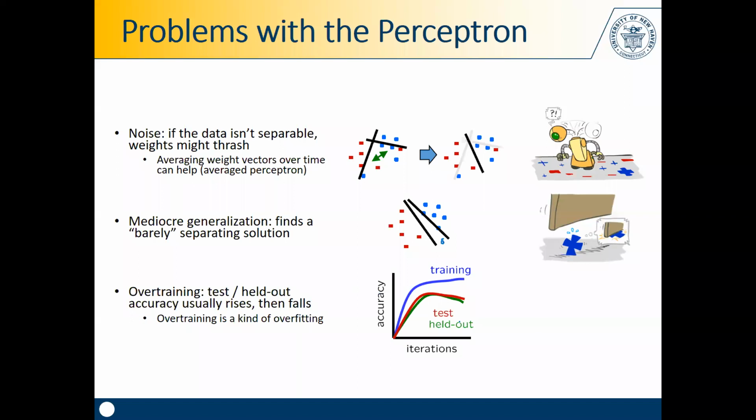Why does this happen? Do you see what's happening here? It keeps rising, the accuracy on the test set and the held out set, and then it starts falling. This is called overtraining. We've found a perfect model here.